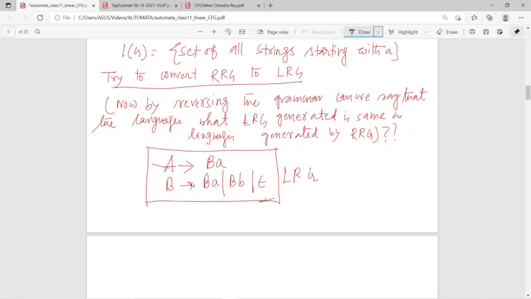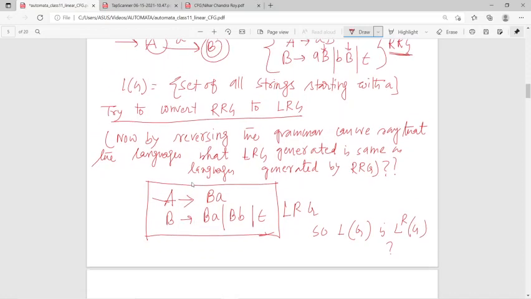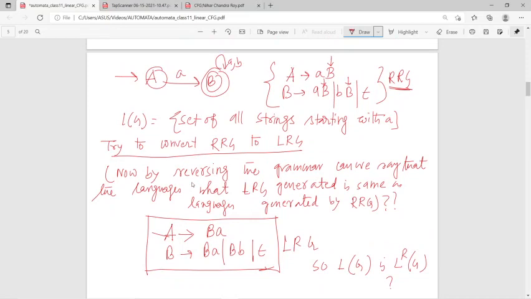Now the language that is generated is a reverse of the language. That means in that particular grammar you are generating the set of all strings starting with a.